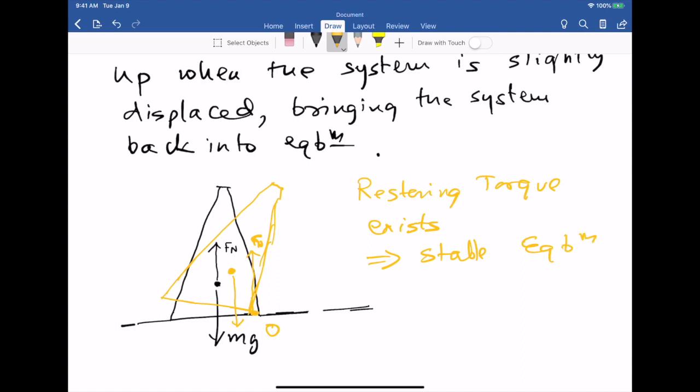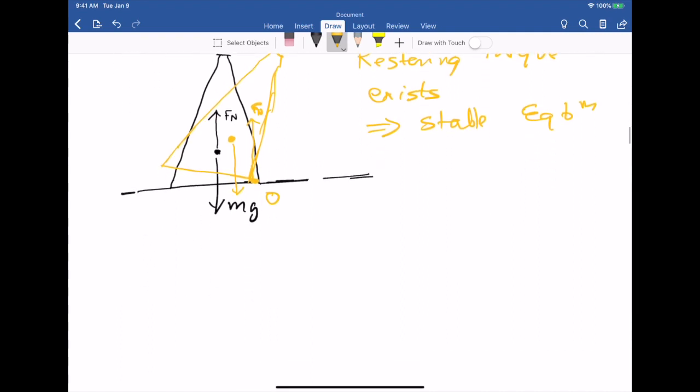Let's quickly analyze the converse situation. Suppose I take the same object, and make it top heavy. I made it bottom heavy the last time, but let's make it top heavy. That means it would kind of look like this, and the center of mass would be much higher up over here, right?